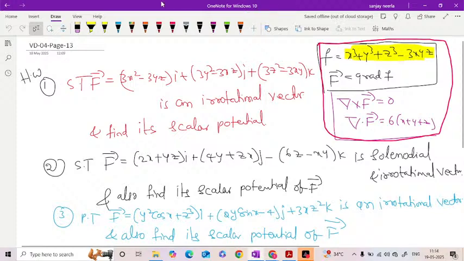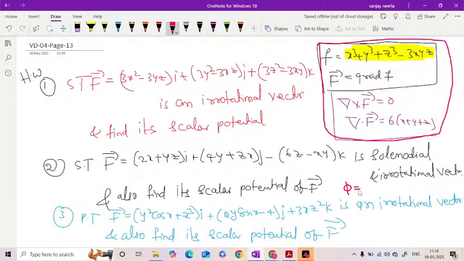What is the second result? The first question is okay, what is the second question's result? The result is x square plus 2y square minus 3z square plus xyz.